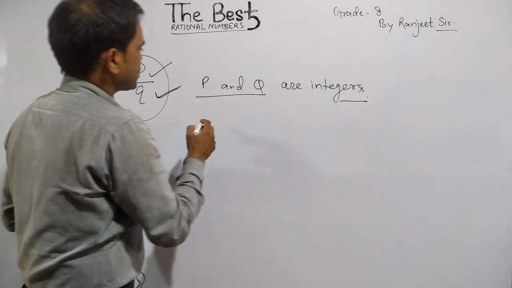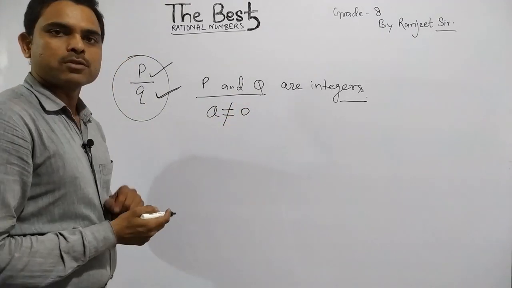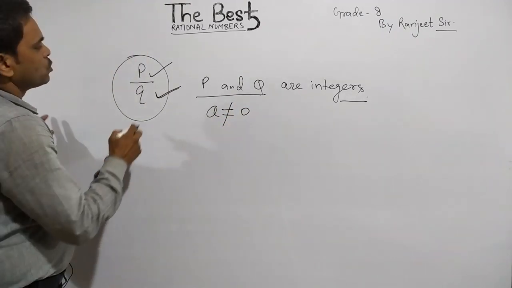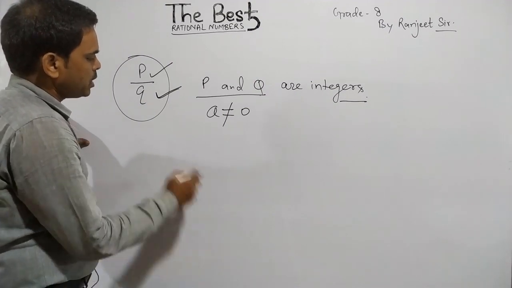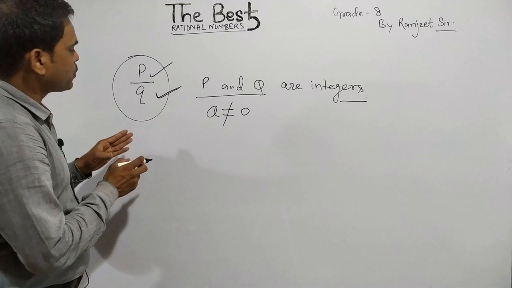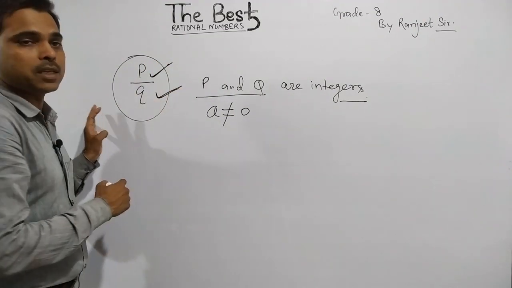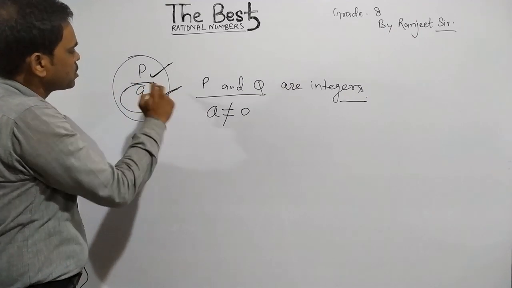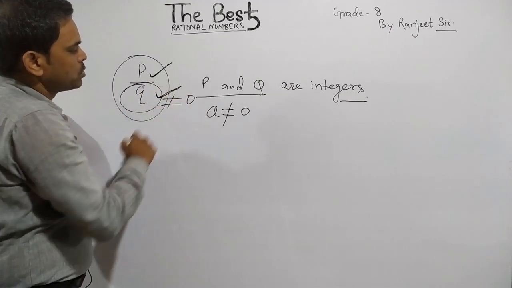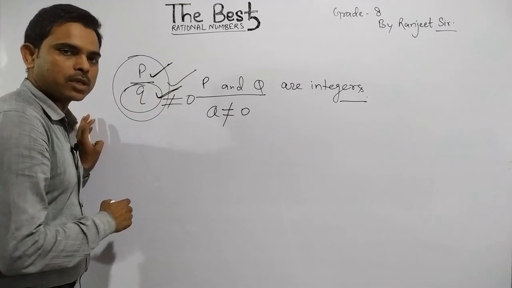And one more condition which is really very important: q should not be equal to 0. If you find a number in the form p by q, where the numerator is an integer, the denominator is an integer, and q is not equal to 0, then you will directly say this is a rational number.